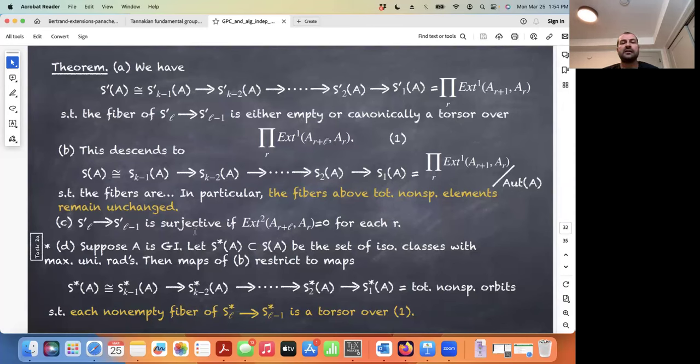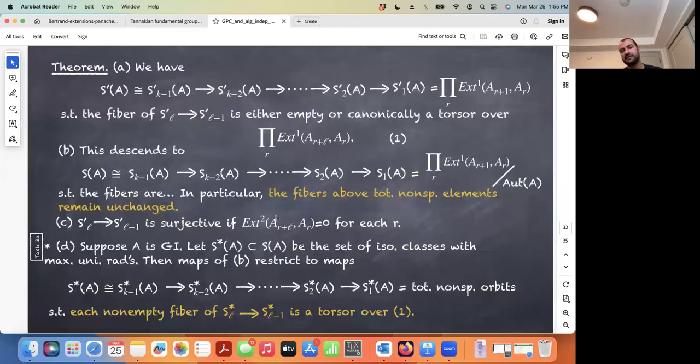Let's say S star is the set of isomorphism classes that have maximal unipotent radicals. This is the thing that I was interested in originally. Now, this picture restricts to this picture, starting now from S star, then goes down. Now you might say this is an empty statement, but the key thing is that the fibers don't change. Each non-empty fiber of this is again a torsor over that same thing.